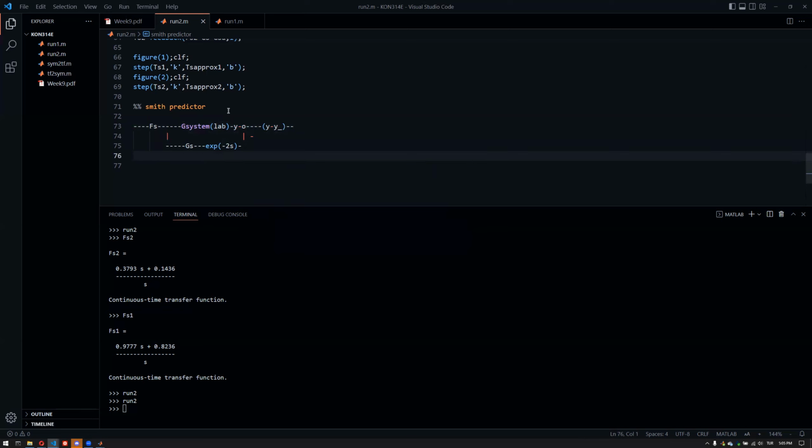And this difference is quite important because it will tell you the model differences. If your system in the lab has this exact same transfer function with the exact same coefficients, poles, zeros, and the amount of delay, then they will overlap.